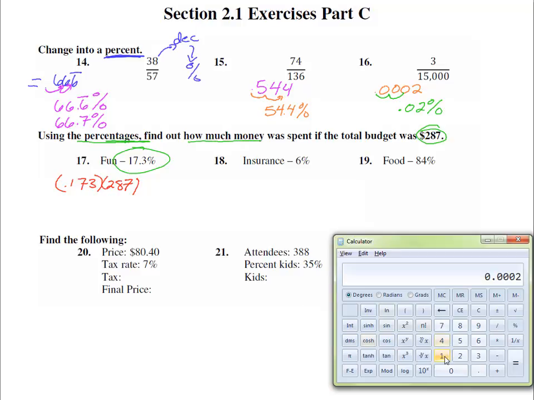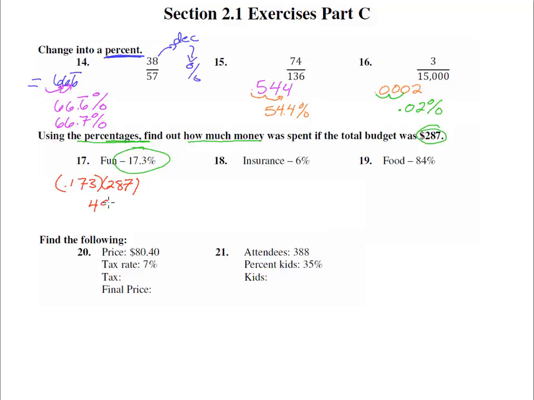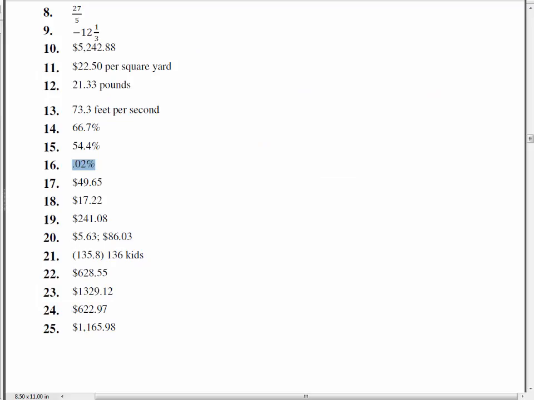And we get 17.3% times 287 equals 49.651. But if we're talking about money, we go to the nearest hundredth, so $49.65. Let's check our answer.